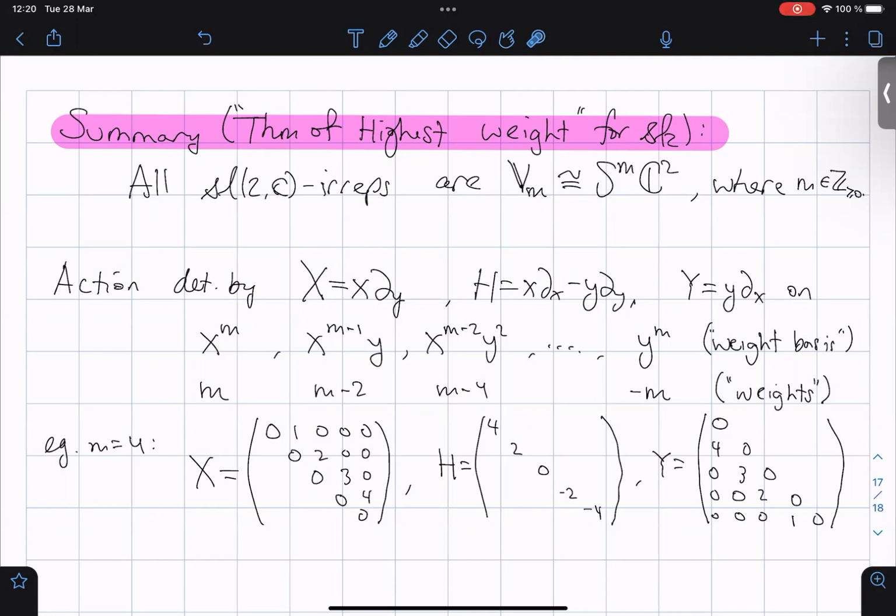We'll use some of that later on, but I want to be really concrete that in this case there is an isomorphism between C2 and C2 dual. Then we'll talk a little bit more about irreducible representations, in particular this result called Schur's lemma. Probably in the second hour, we'll get to a lot more about SL2, so-called Clebsch-Gordan theory.